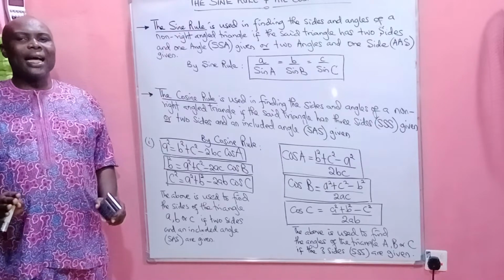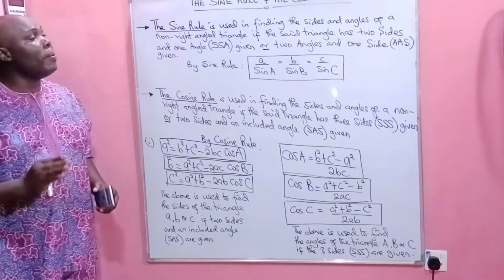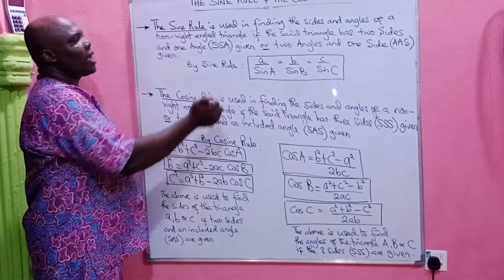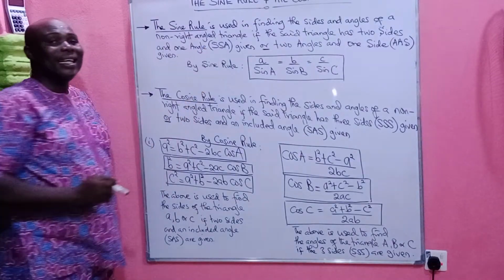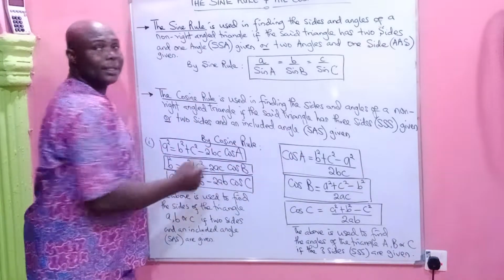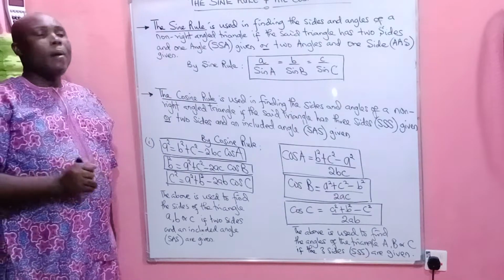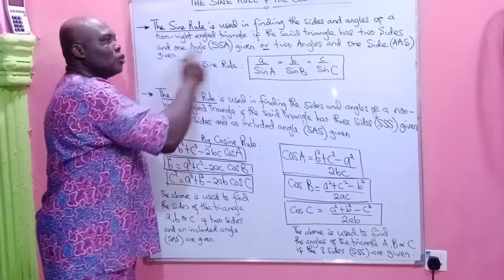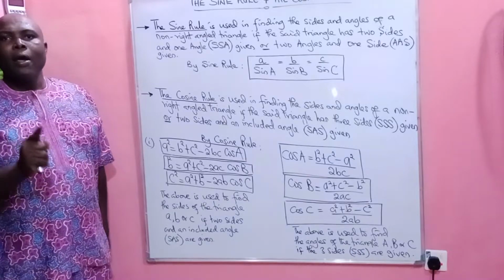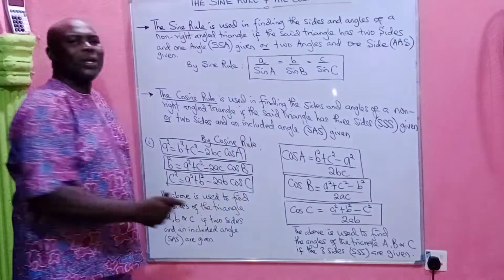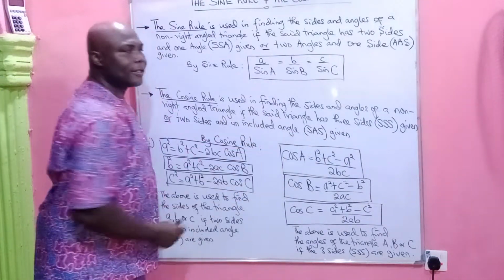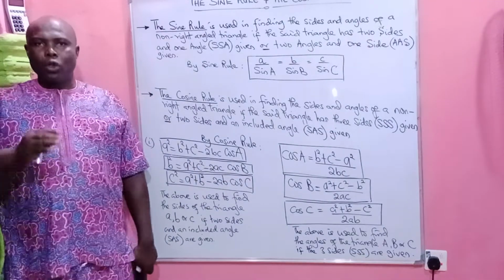Now understand that SAS is different from SSA, as we have in the sine rule. SSA means two sides and one angle, but the angle is not in between the two sides. Take note of that. But if the angle is in between the two sides, which is SAS, you must use the cosine rule.